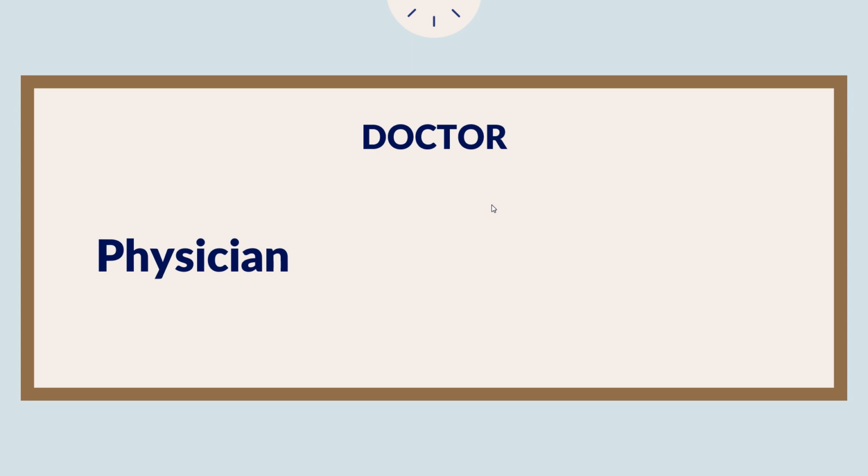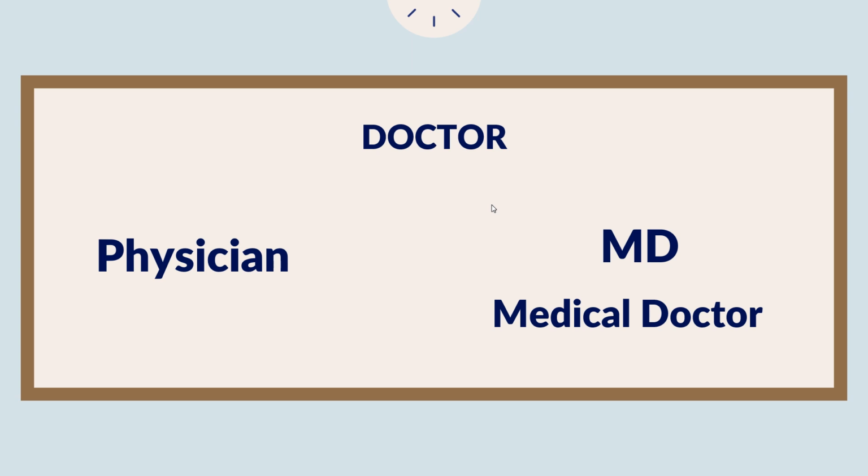And of course, you can just go by their qualifications. MD, which means medical doctor, or doctor of medicine. Those are ways to say it. So here's a start to your medical vocabulary learning.